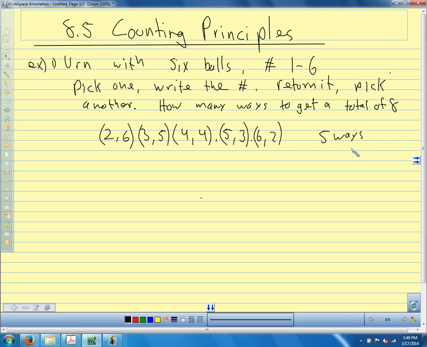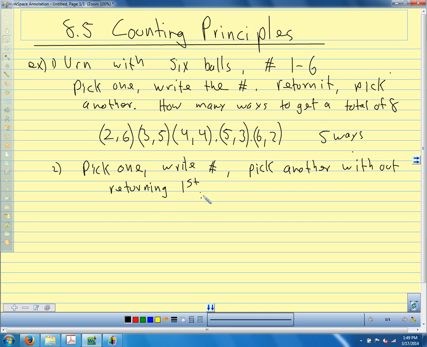Now for the second example, we have the same urn, the same 6 balls. This time we're going to pick one, write the number, and then not return it. We're going to pick another without returning the first.